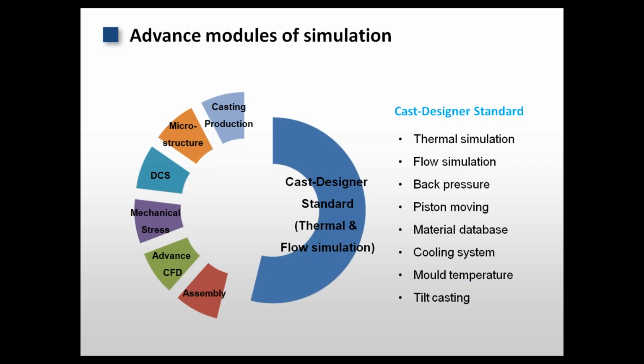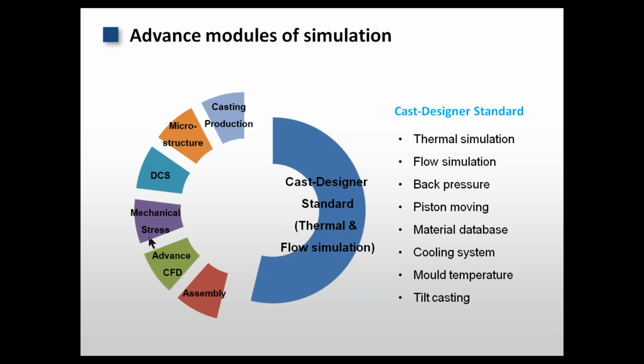Besides the standard or the LT version, we still provide advanced modules like the assembly module. This is a mesh module to help you make a full die mesh process. And we provide another CFD Solver, advanced CFD Solver, to help you make a higher accuracy simulation of the flow process.